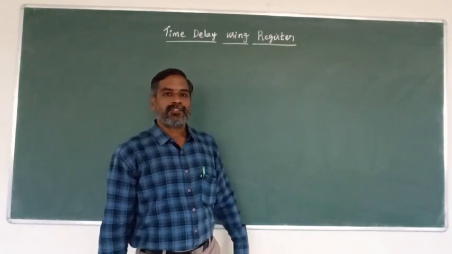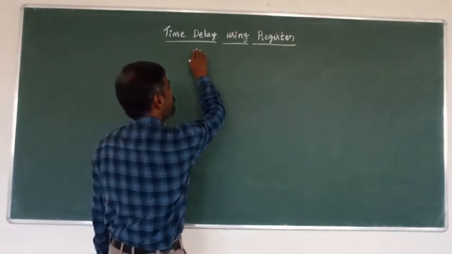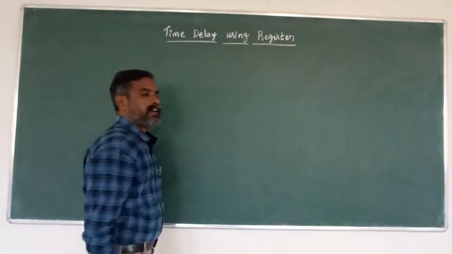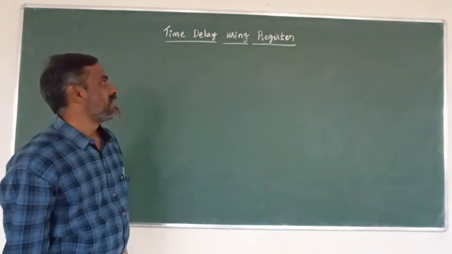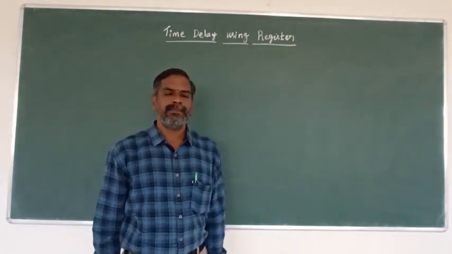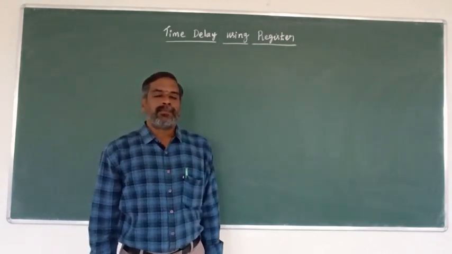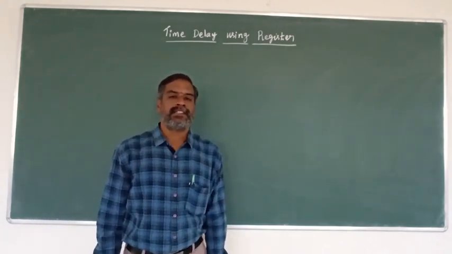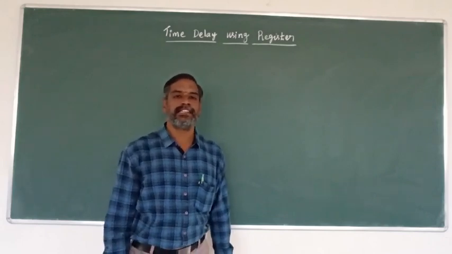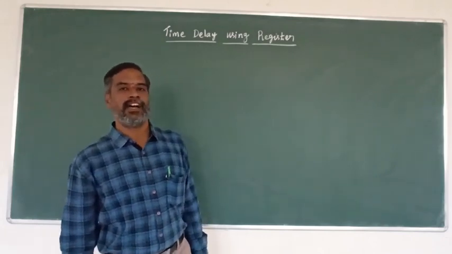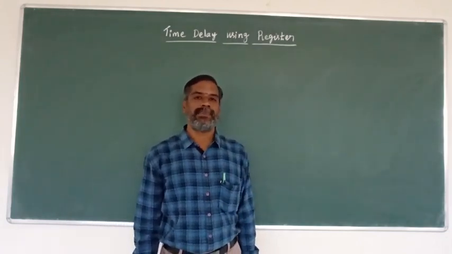Good morning. Today we will discuss time delay using register. In the 8085 microprocessor, there are 6 general purpose registers: B, C, D, E, H and L. All the 6 registers are 8-bit.